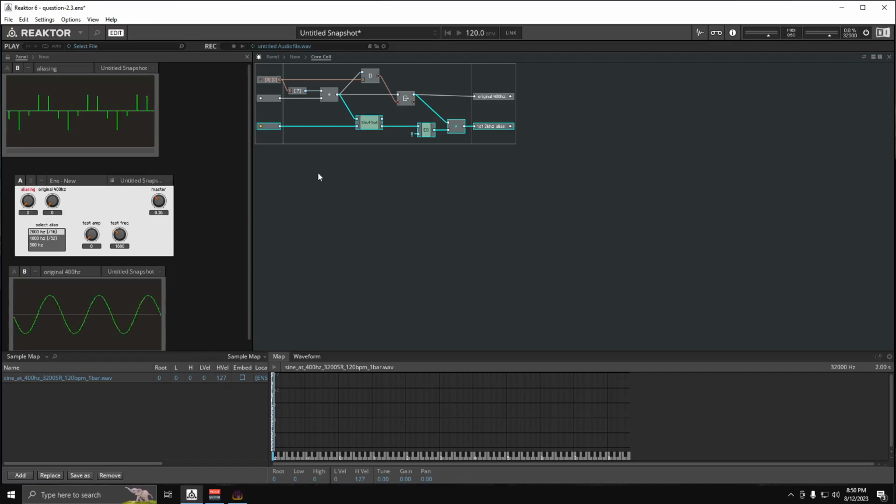But then question 2 gets a little bit more into aliasing.